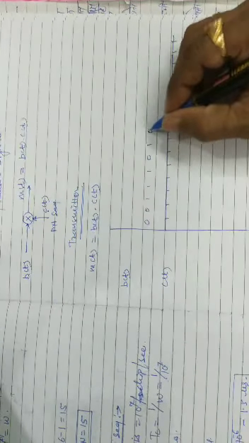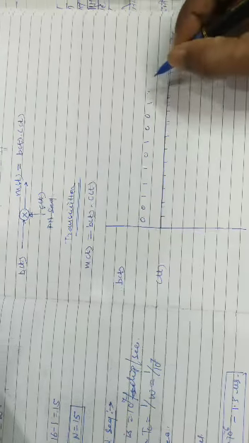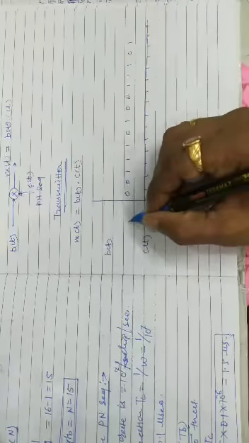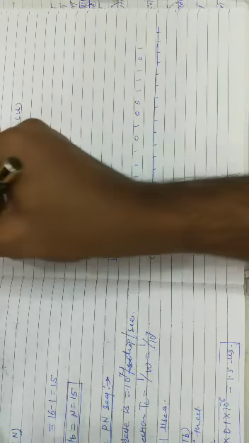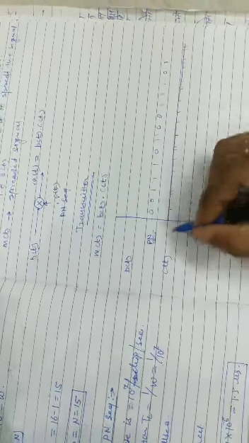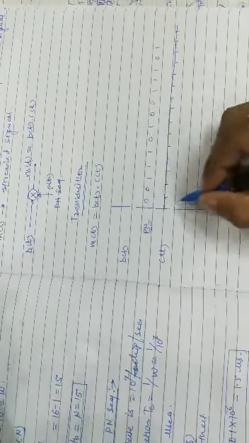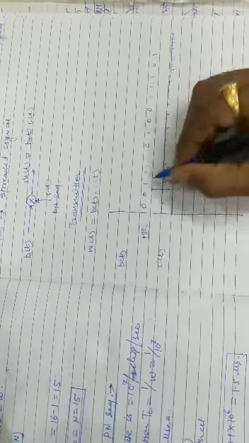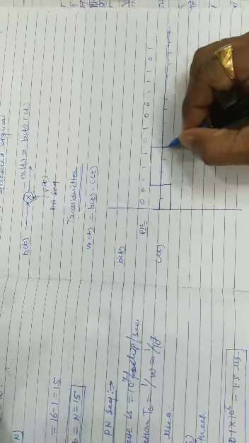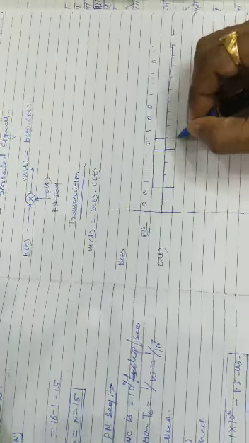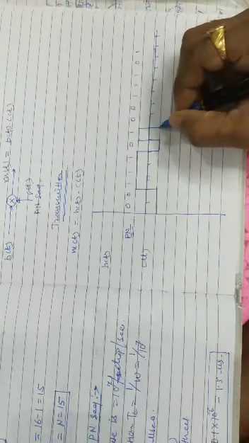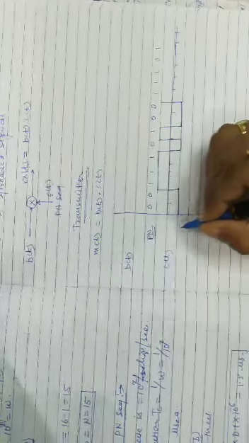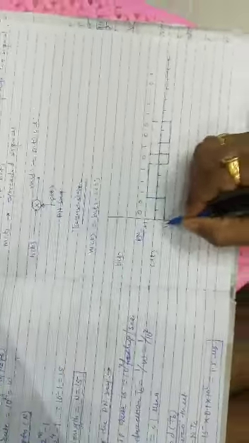Again 0, 0, 1, 1, 1, 0, 1. This is the PN sequence that we have obtained, and we draw its waveform like this, where the two zeros are at minus 1 and the ones are at plus 1.